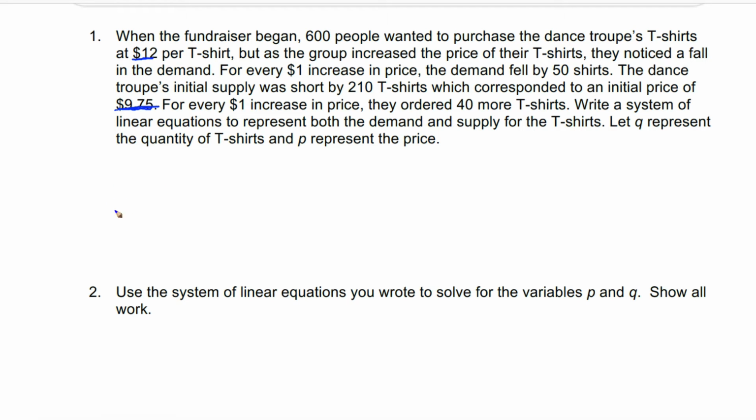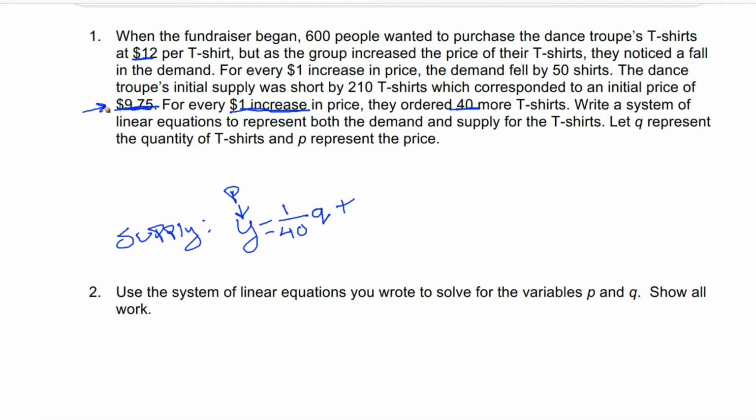So we have our supply is y equals, and how much does it change? For every $1 it goes up. That's what increase means. So 1 over 40 Q. Sorry, this is supposed to be P. Okay, so 1 over 40 Q, and what's our y-intercept?